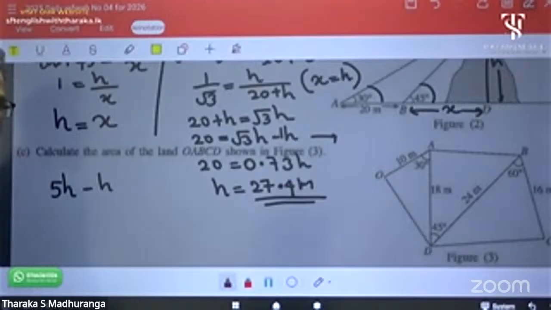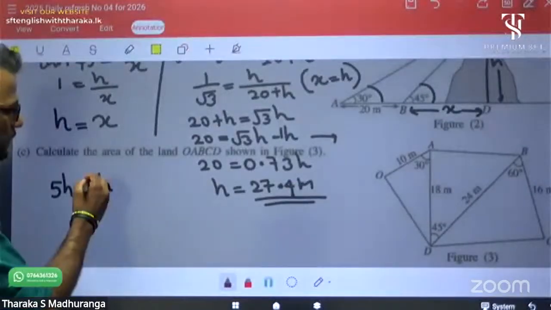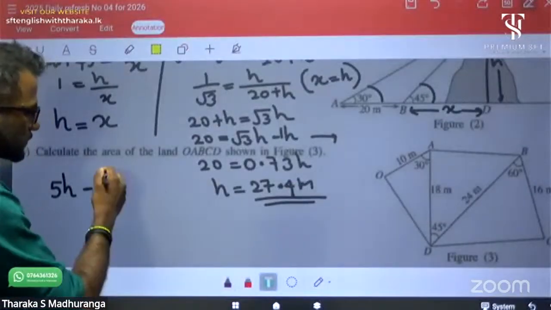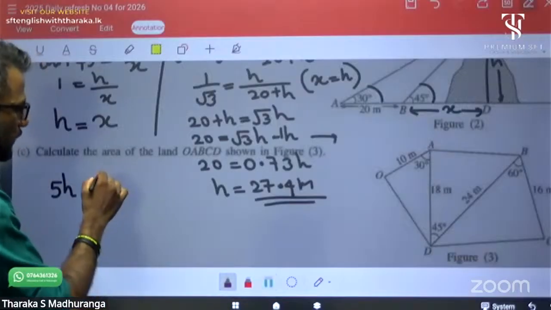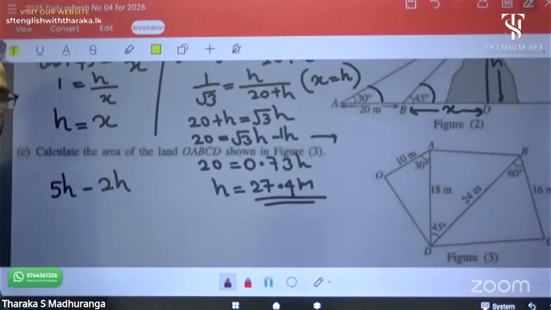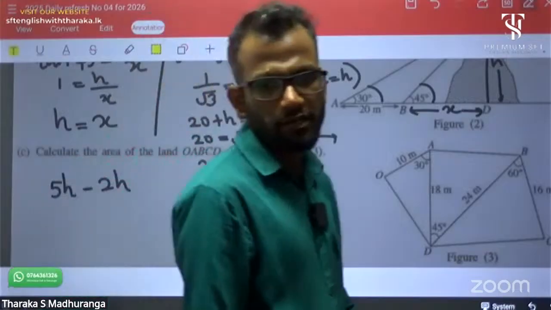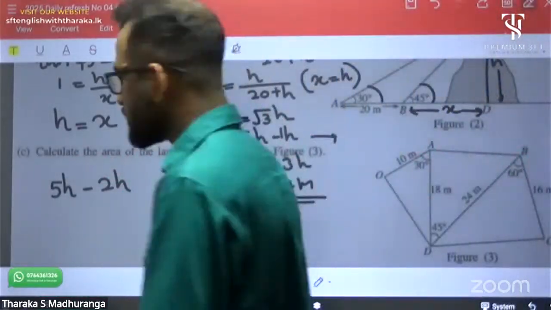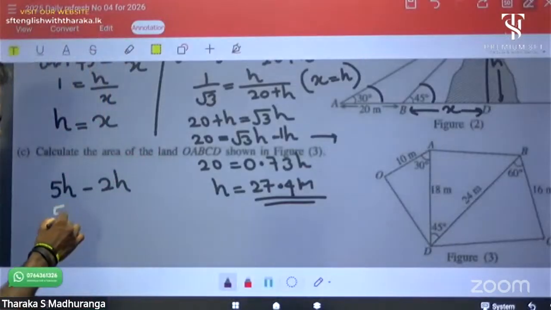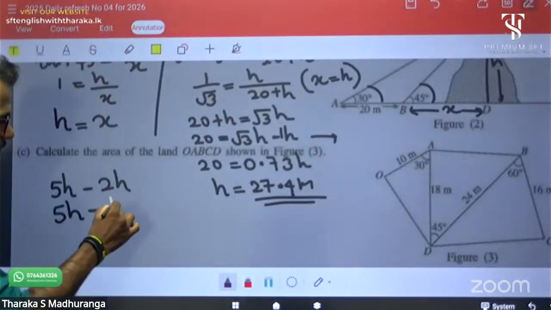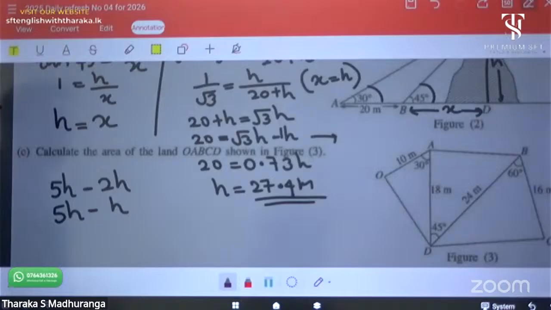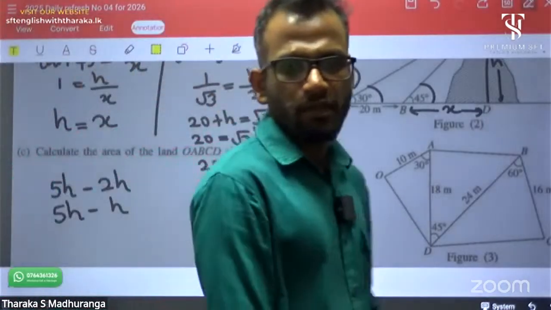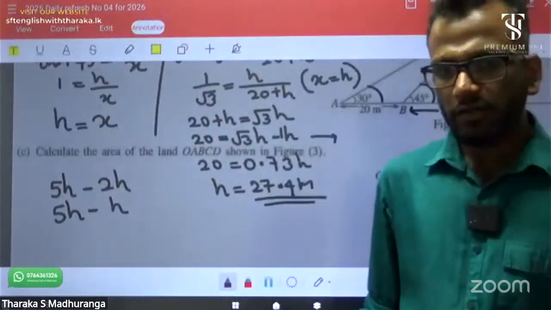What is the value? 5h minus 2h. What's the value? 3h, right? 5 minus 2, it's 3h. Now 5h minus h, what is the value? 4h.